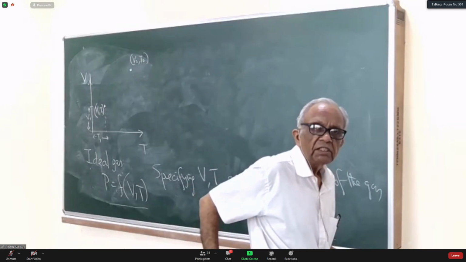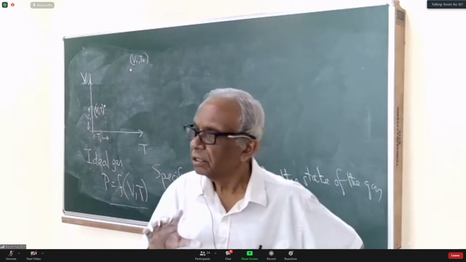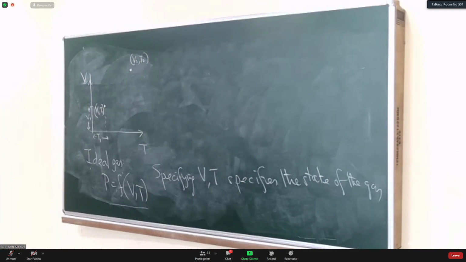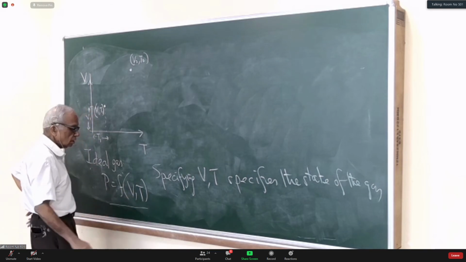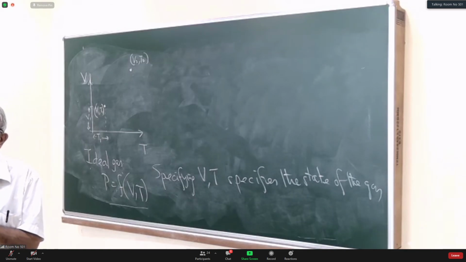Now, the point is that this relation, P as a function of V and T, was a relation which we got from kinetic theory, PV equal to 2/3 E and E equal to 3/2 NkT.